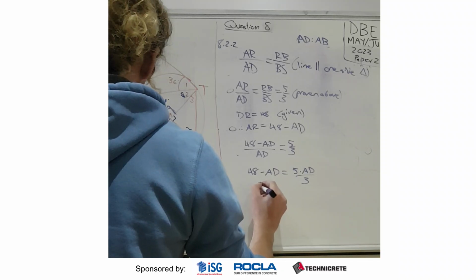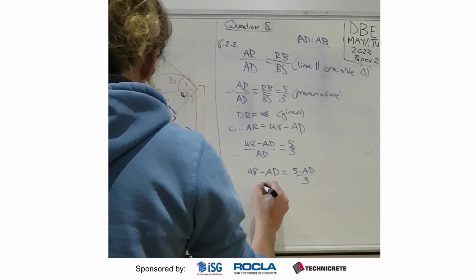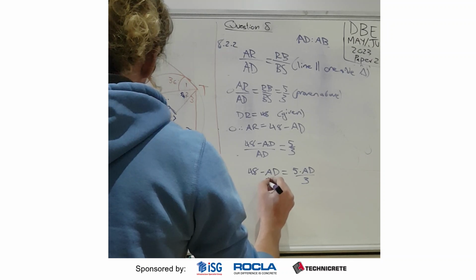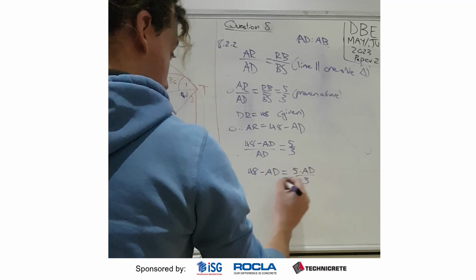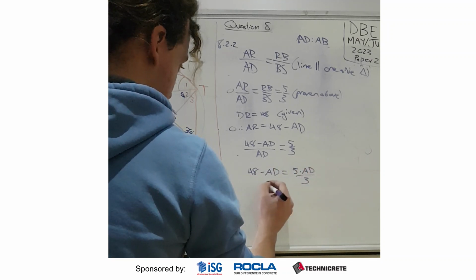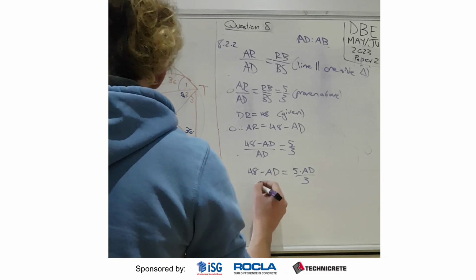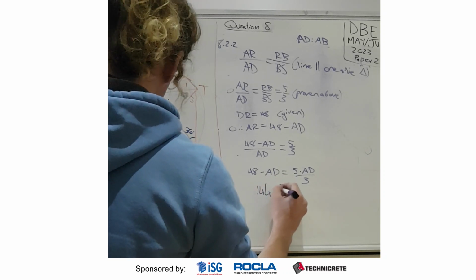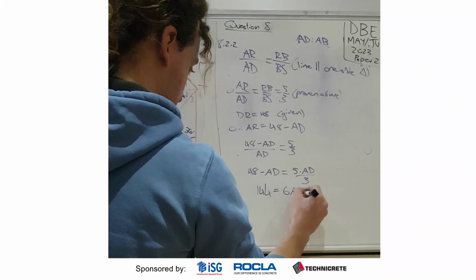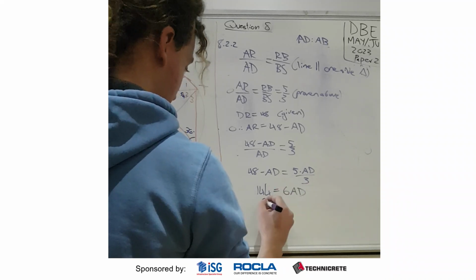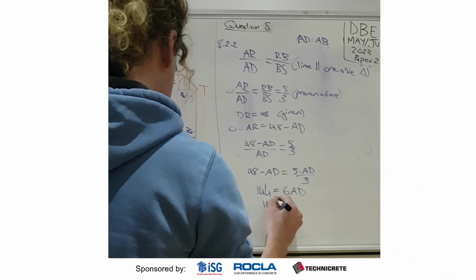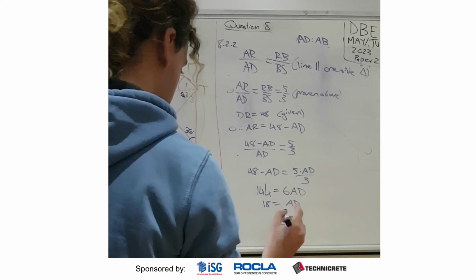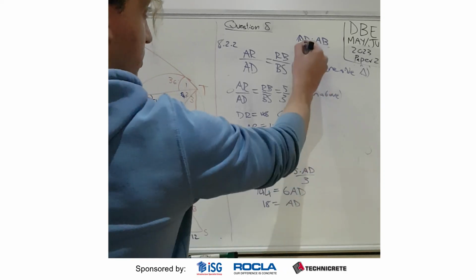If you just rearrange, do some maths, your final answer should be that 144 is equal to 6 AD. Therefore, 18 is AD. But we're not looking for AD, we're looking for this ratio here.